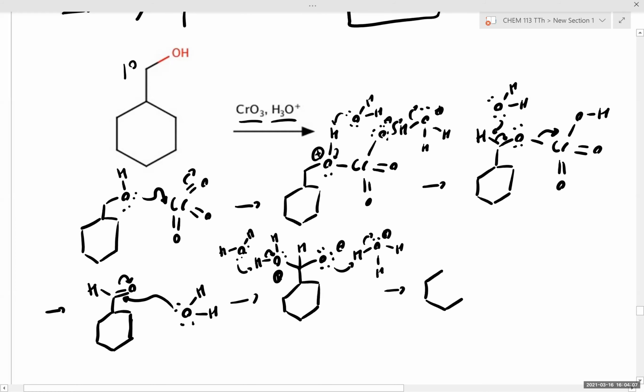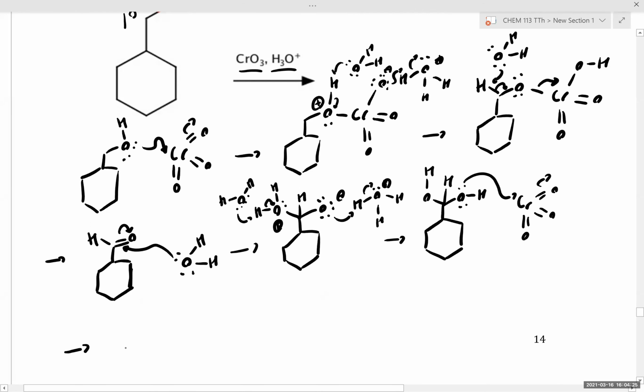And that gives us our desired diol. From there, we can attack another equivalent of chromium 6 oxide. And this is a repetition of the earlier mechanism.